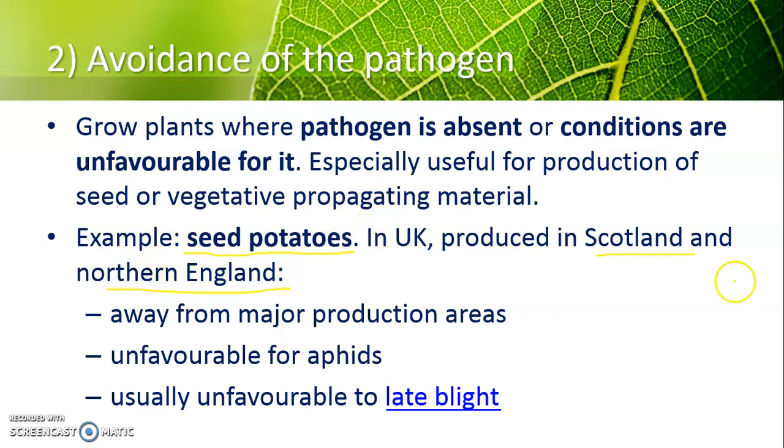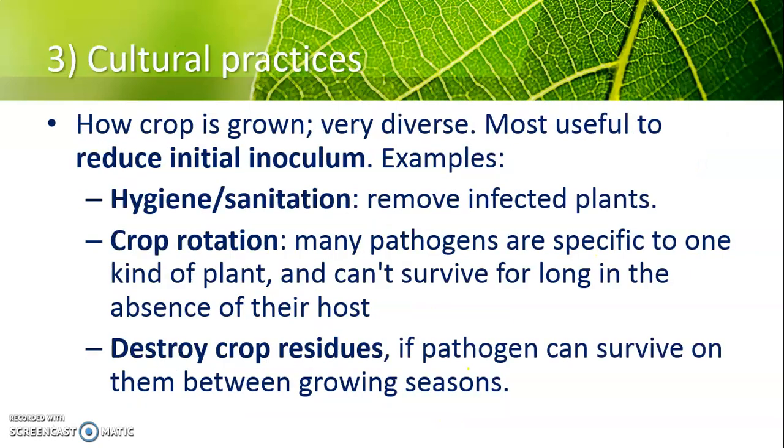In these locations, they are away from the major production areas, because when we have major production areas nearby to our plantation or crop, the pathogens are always there because it's very dirty, right? All the pollutants are there. And also these two places are unfavorable for aphids. And usually unfavorable to late blight, because late blight disease infects potatoes and tomatoes, usually these two crops.